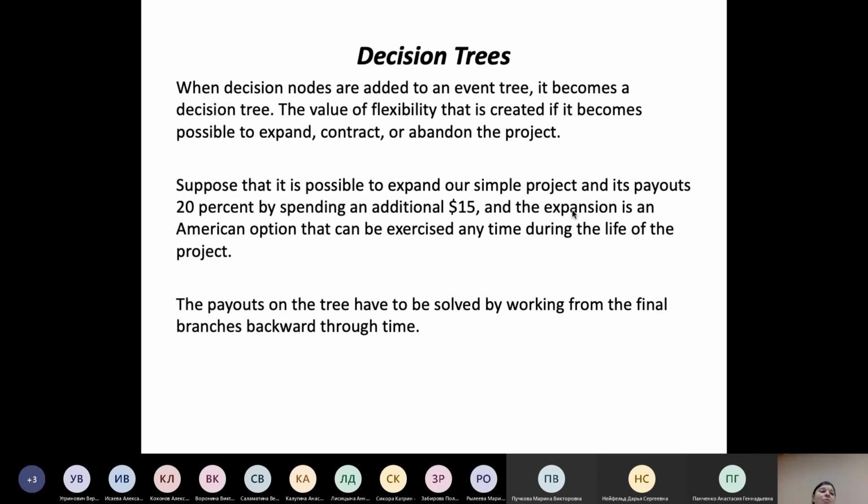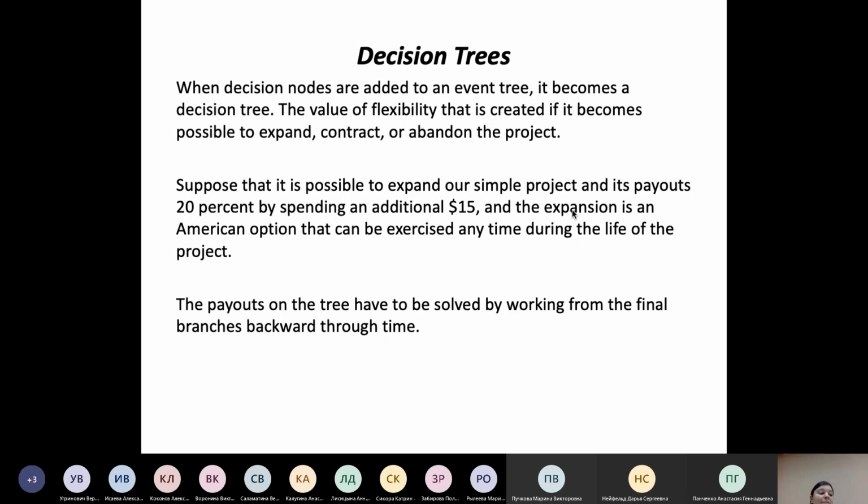Our company will pay $15 and will receive 20% growth of benefits, 20% growth of net income in this scenario. So certainly it's a decision tree, and it's a decision under uncertainty using flexibility in business.